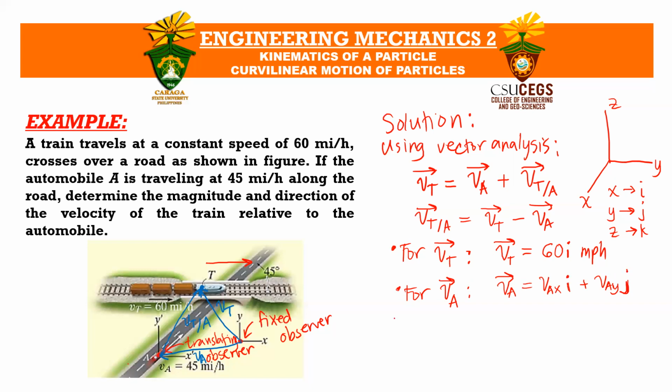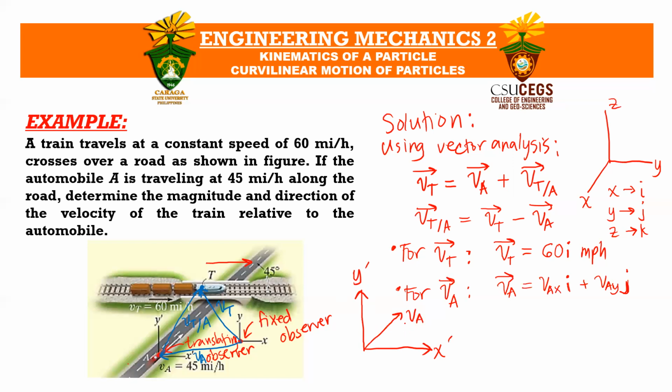As you can see in the figure, if I draw the coordinate system again, this is your y prime and x prime, and this is the velocity of your automobile.